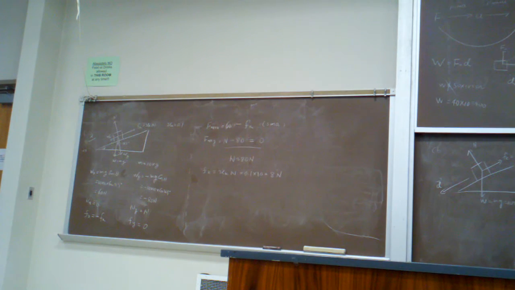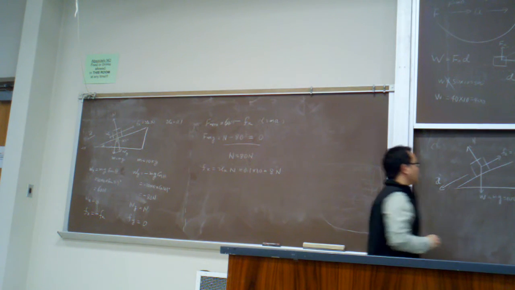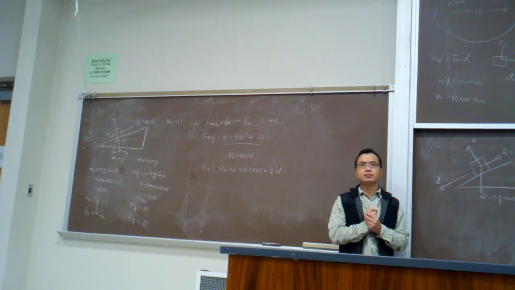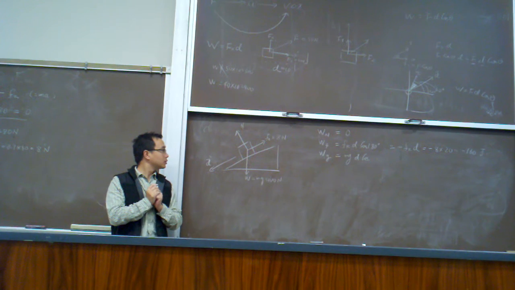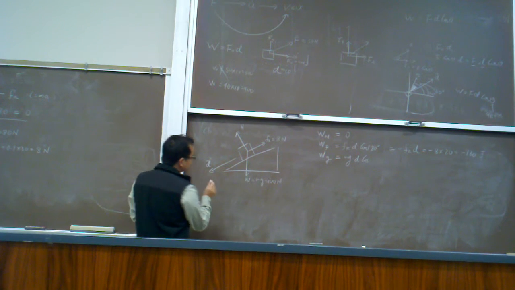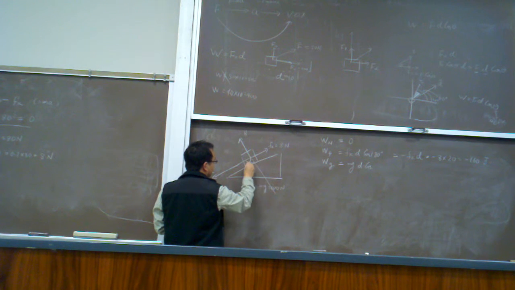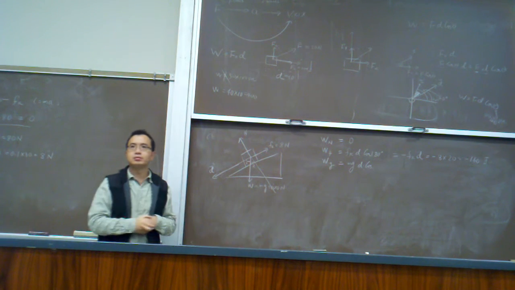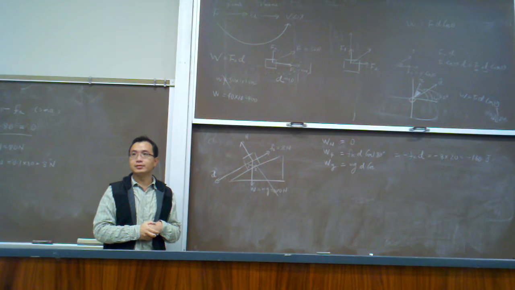Now, Wg has to be W or mg multiplied by d multiplied by cosine of the angle. What is the angle for W in this case? Is it 0? In this case it's not 0, then what is it? So tell me, is it this angle or this angle, 1 or 2? 1. Please note you have to use angle 1.